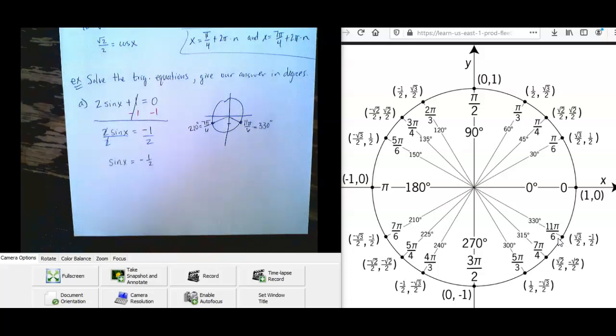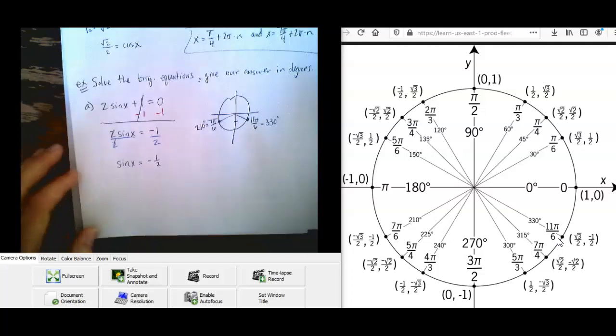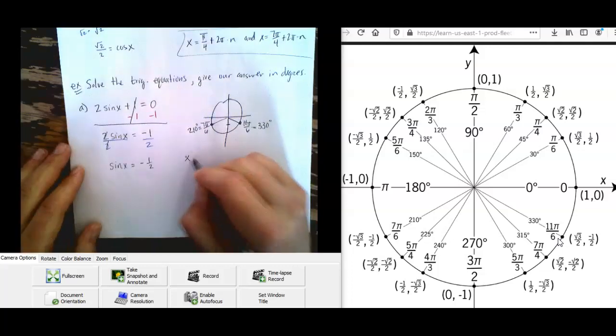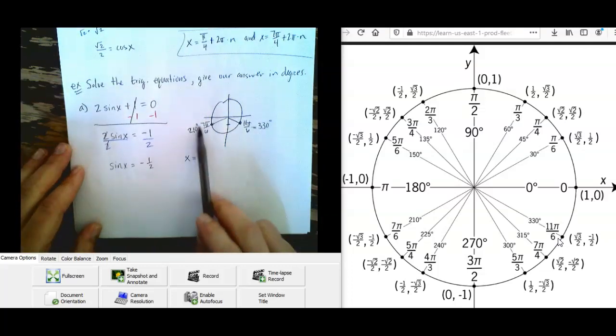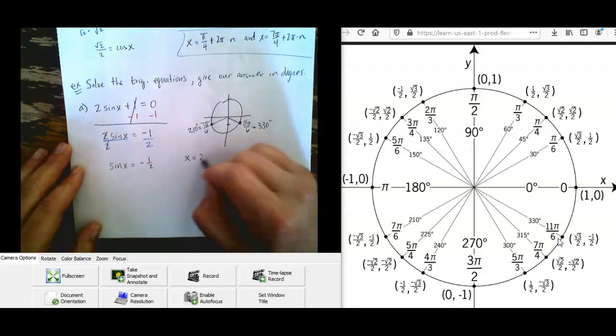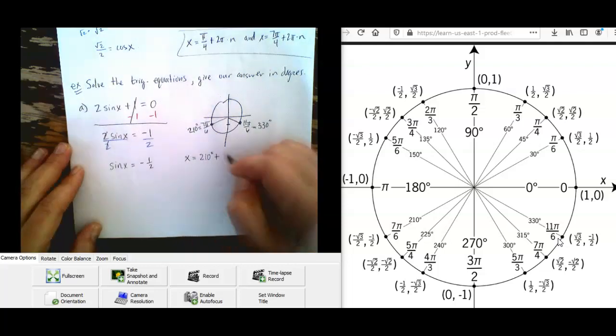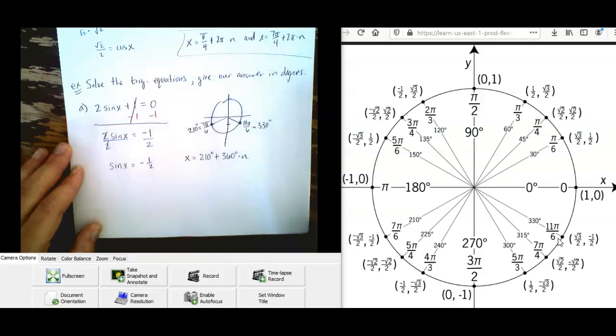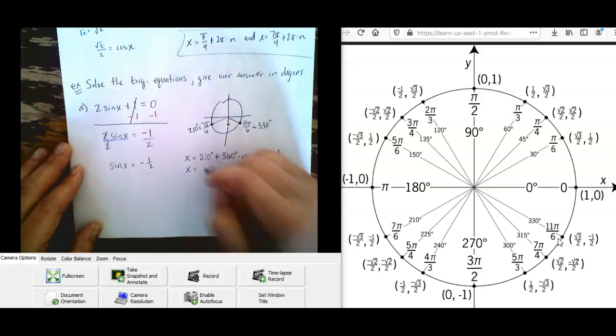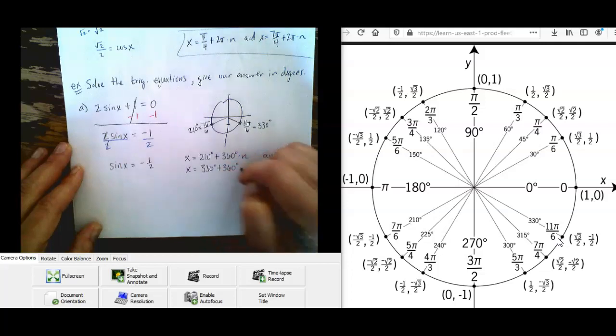Okay. So you can see our solutions happen at 210 degrees plus every full revolution, so 360 degrees times n, and x equals 330 degrees plus 360 times n.